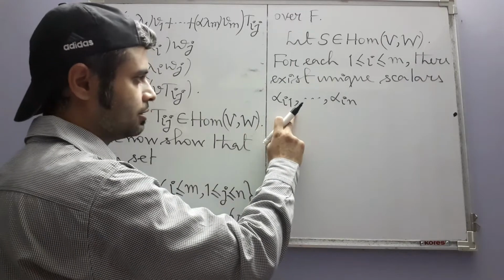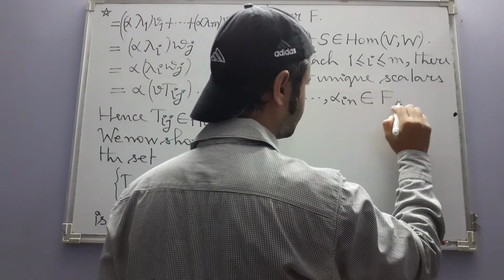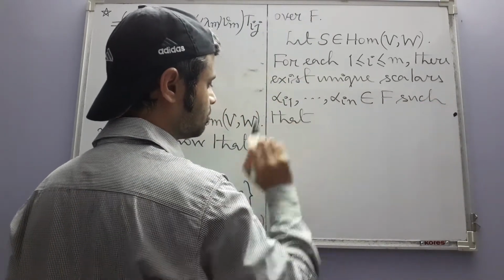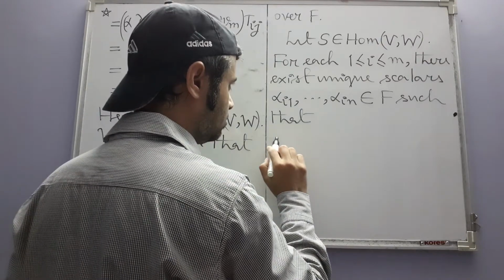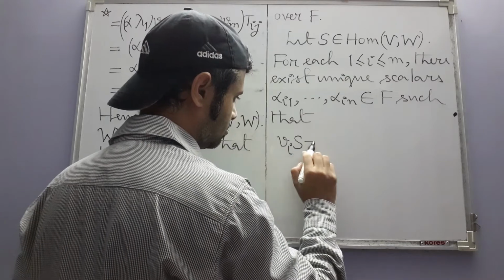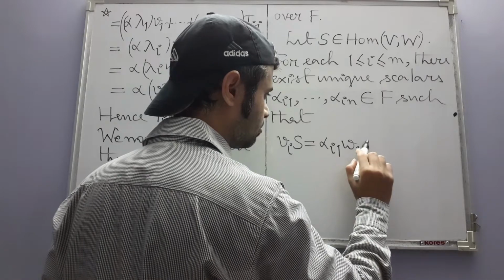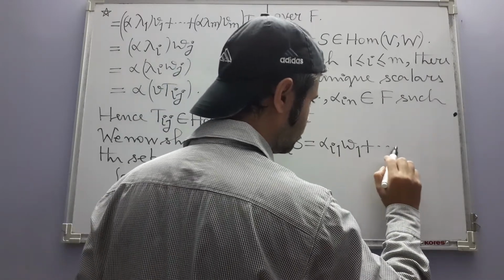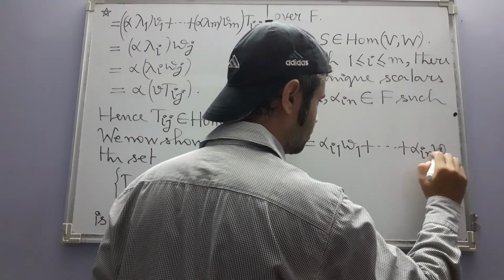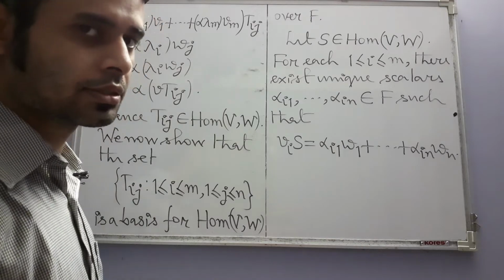These are double indices belonging to F, such that V_i S is equal to alpha i1 W1 plus alpha i2 W2, like that it goes, and the last term is alpha in Wn. You understand why we need double indices here?